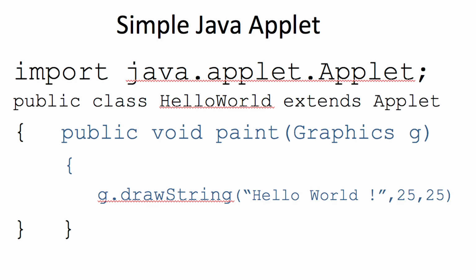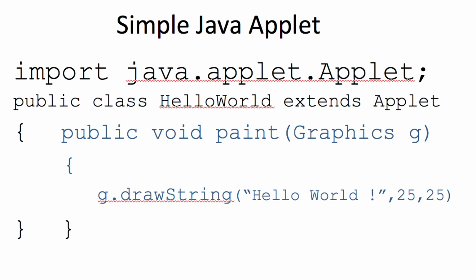Then inside this class we have public void paint. We are not writing public static void main here. Main is not required in the case of an applet, because an applet is always in GUI mode, so we can draw and display graphics. So here we write public void paint, and inside the brackets we mention Graphics g.